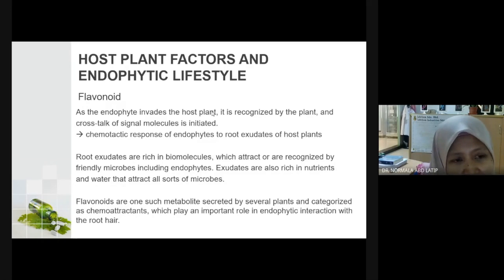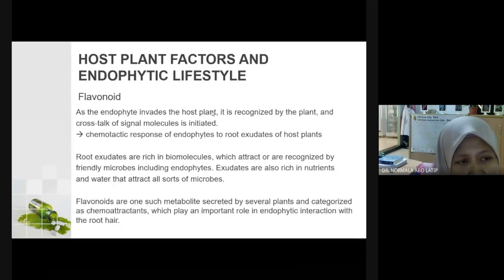So all of these can attract all sorts of microorganisms. But the plant also filters whatever comes, whether pathogenic or non-pathogenic. So actually, they talk to each other. They can produce signals to cross-talk.